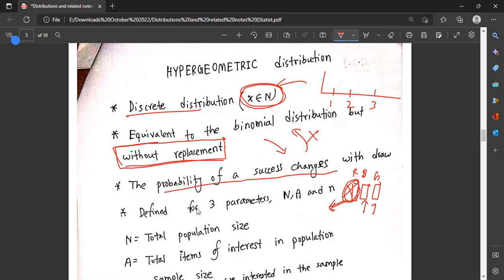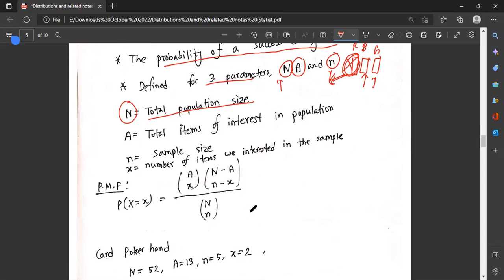Okay, and then it is defined by 3 parameters. One is capital N, and a, and a small n. Here capital N represents the total population size, and small n represents the sample size. So you take some sample from the total. So you have some apples, right? And then you just take the green apples.